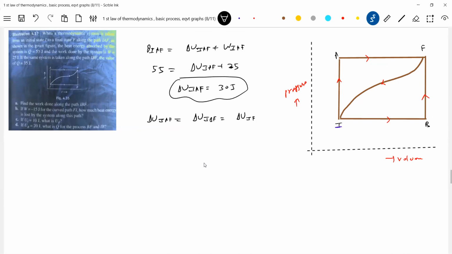So now let me go for it. Q_IBF should be equal to delta U_IBF plus W_IBF. How much is Q_IBF given? 35. Delta U_IBF should be 30.